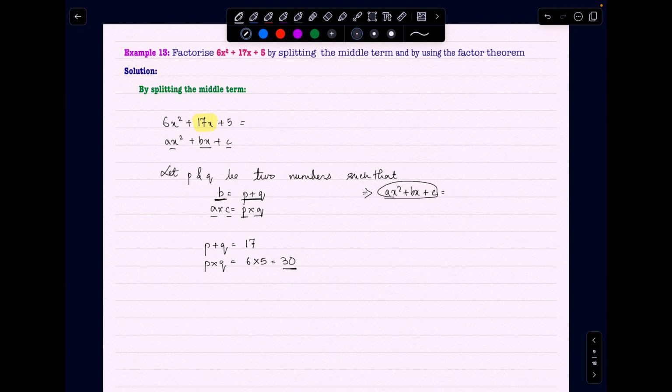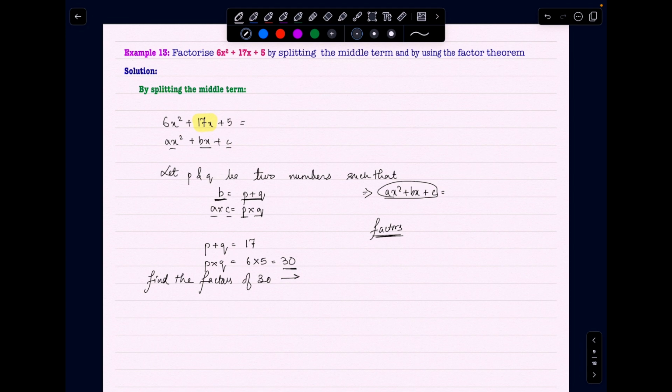What do we have to do? We have to find the factors of 30. Why are we going to find the factors of 30? What are factors actually? With factors we can get by which numbers 30 is divisible.